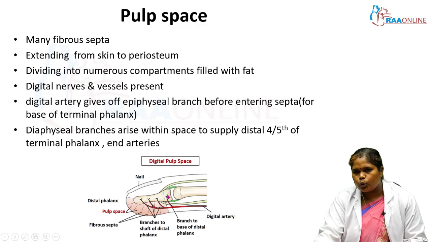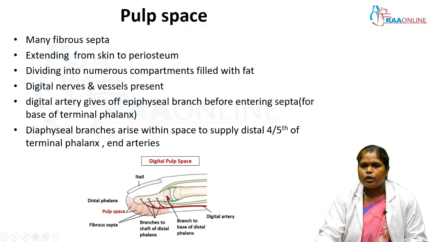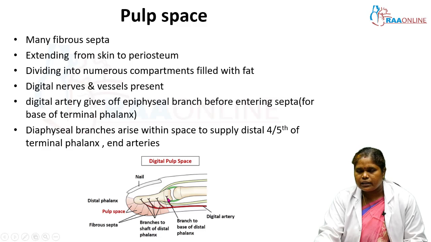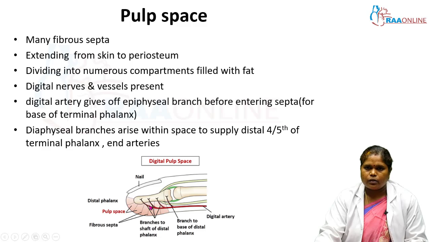Base is outside the pulp space. So, to supply this space, there is a separate branch known as the epiphyseal branch. So, to supply this epiphysis, base of the distal phalanx, a separate branch arises from this digital artery before entering into this pulp space. Okay.